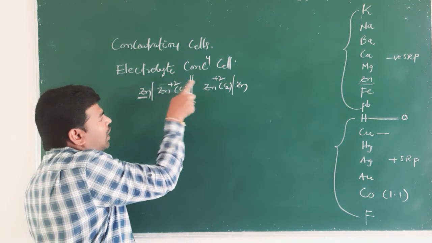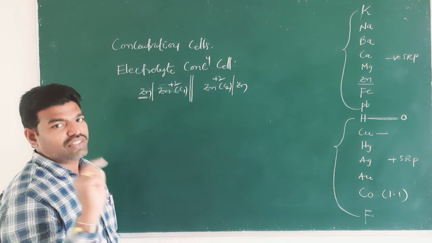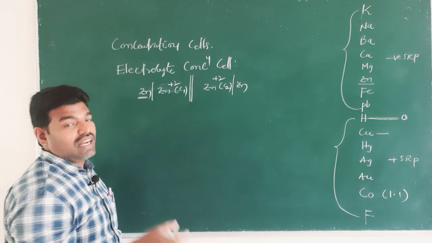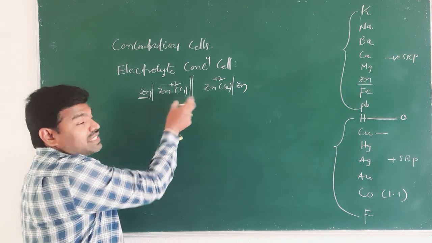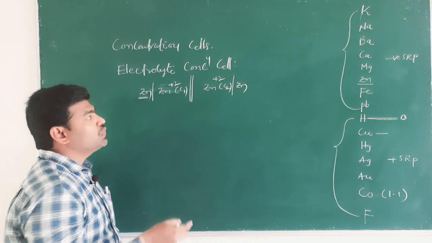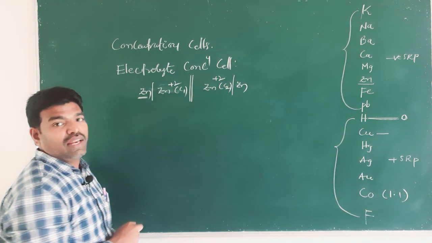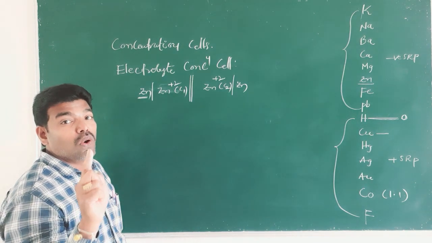So, these are two different concentrations of zinc sulfate solution, and the electrical energy produced by this cell is due to diffusion of electrolyte from high concentration to low concentration.